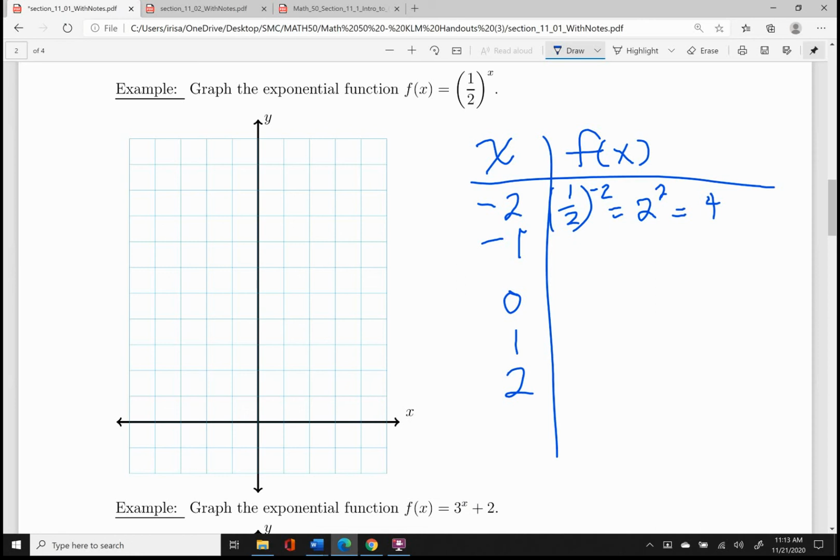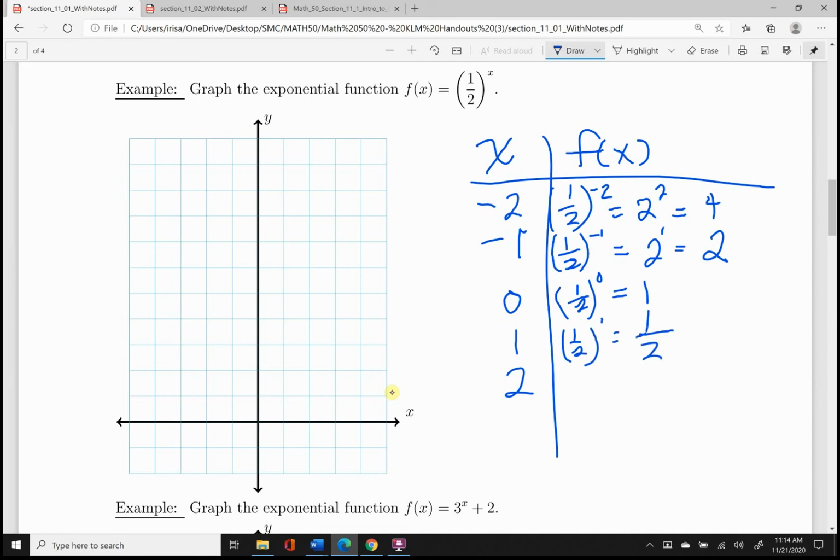These are going to seem very familiar, but kind of backwards compared to the first example that we did. So this next one will be 1/2 to the -1 power, which will give me 2 to the 1st power, which is just 2. 1/2 to the 0 power is going to be a 1. 1/2 to the 1st power is just 1/2.